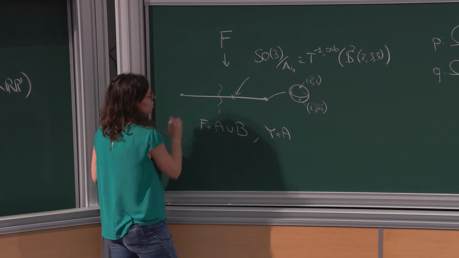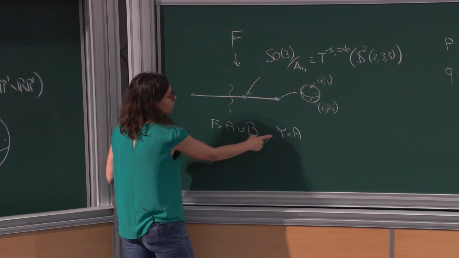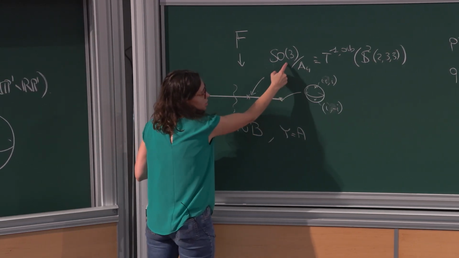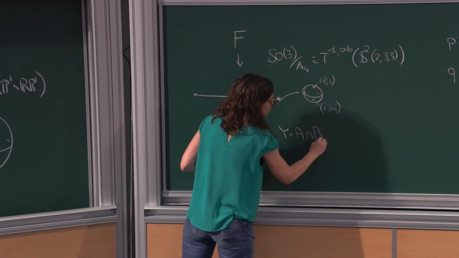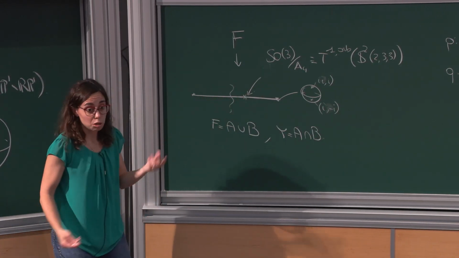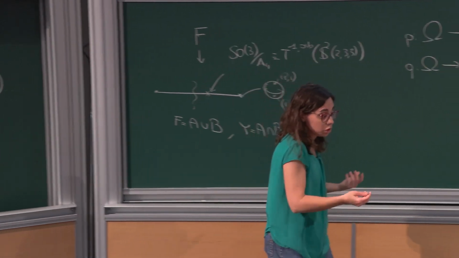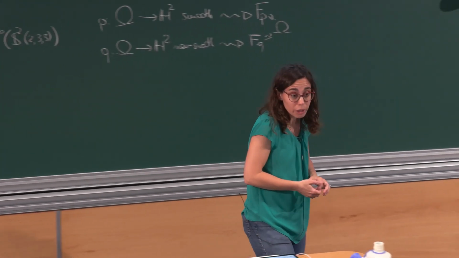So A is this part, B is this part, and Y is exactly this space. And so we can really write down the homology concretely.